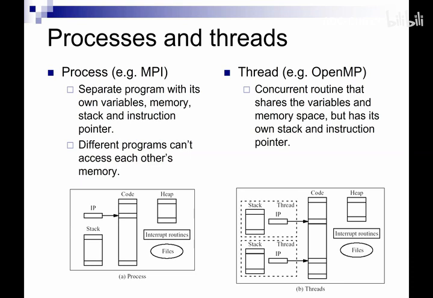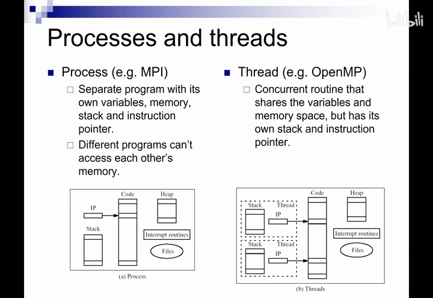Now, for threads, which is what OpenMP uses. In OpenMP, you don't have multiple parallel processes, you have multiple parallel threads. The difference with a thread is that all of the threads run within one process. So you have multiple threads within one process, and they're executing different portions of this piece of code.